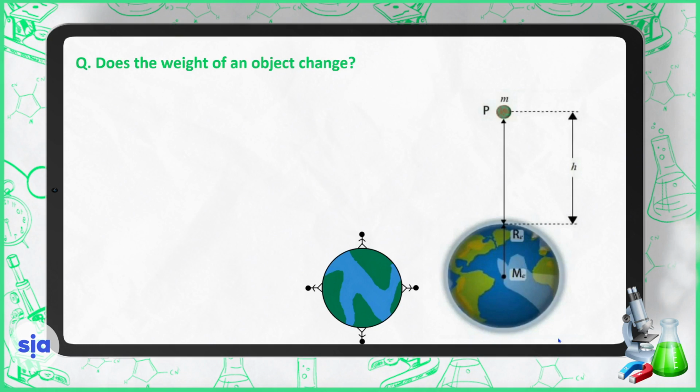Here is another question. Does the weight of an object change? From this equation, we know that weight depends on the mass of the object, which of course will not change, and the gravitational acceleration, which changes. Since the gravitational acceleration changes, weight can change.